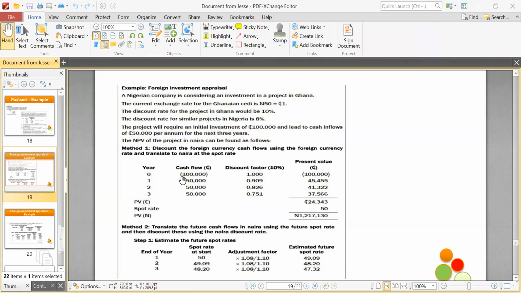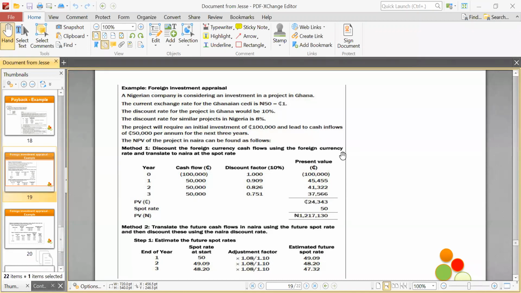So let me show you. In year zero, we are told of an initial investment of 100,000. Now we need to multiply this by a discount factor, or a present value factor, to discount our cash flow to the present.